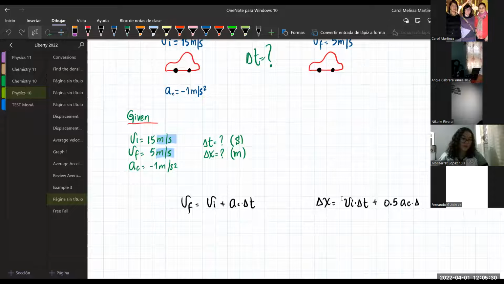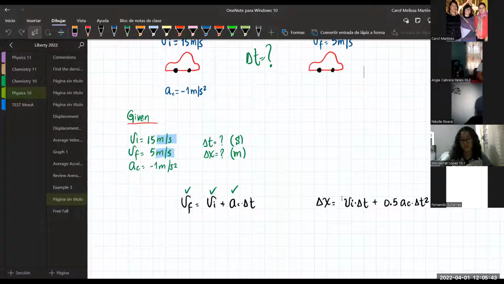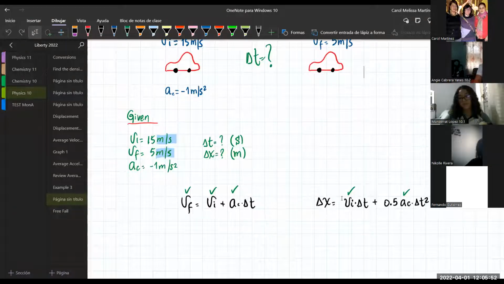So let's analyze what I have and what I need. I have the two velocities and I have acceleration. I need to find time and I need to find displacement, okay?